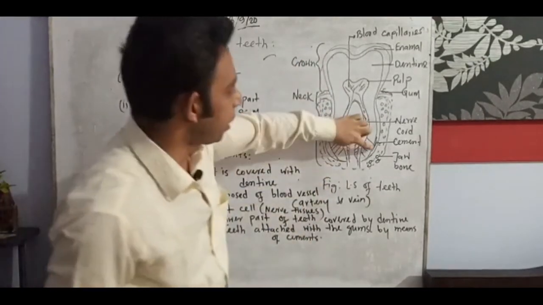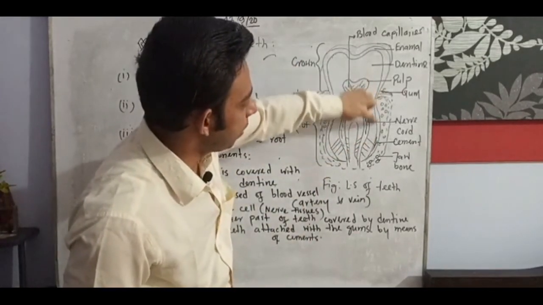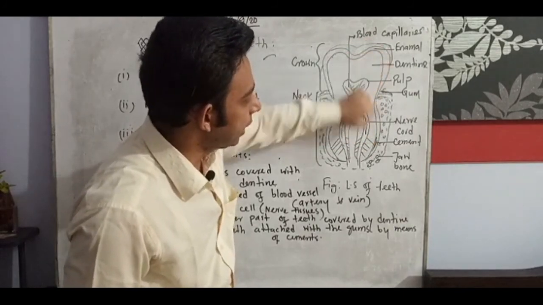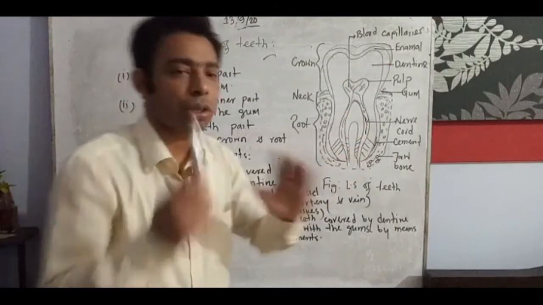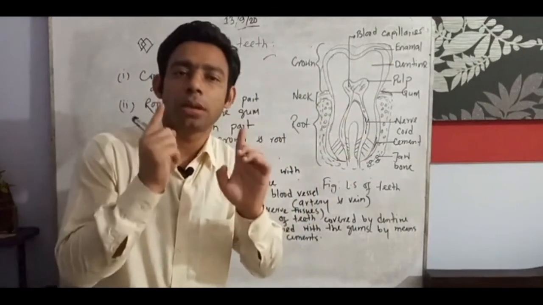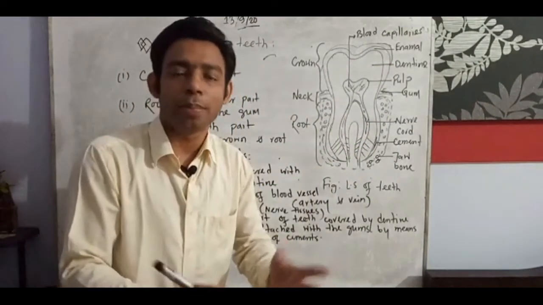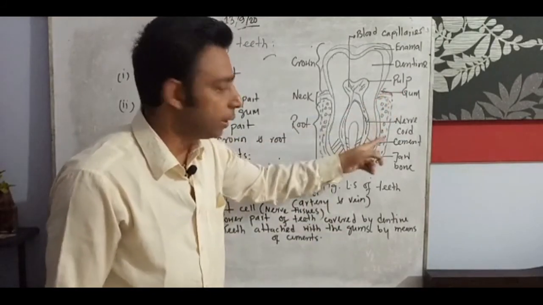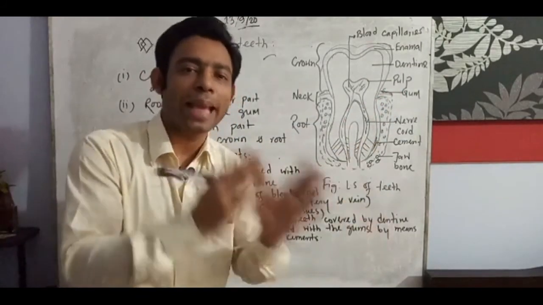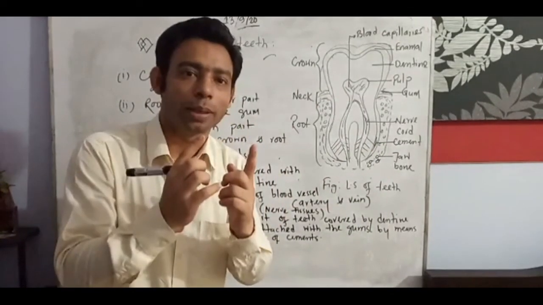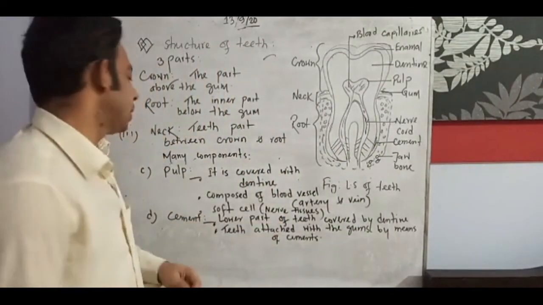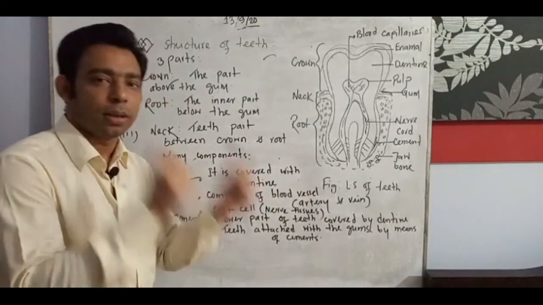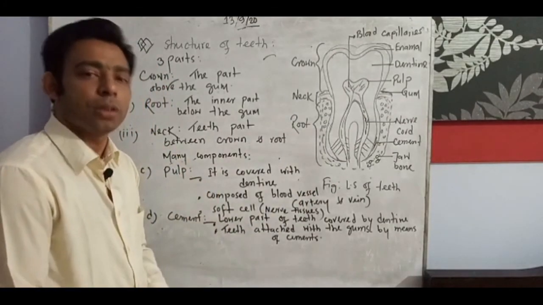So the lower part of the tooth is covered with a thin membrane, and what attaches this tooth with the muscular part, the gums, is nothing but cement. Very importantly, we can say the lower part of the teeth attaches the teeth with the muscular tissue by means of cement.